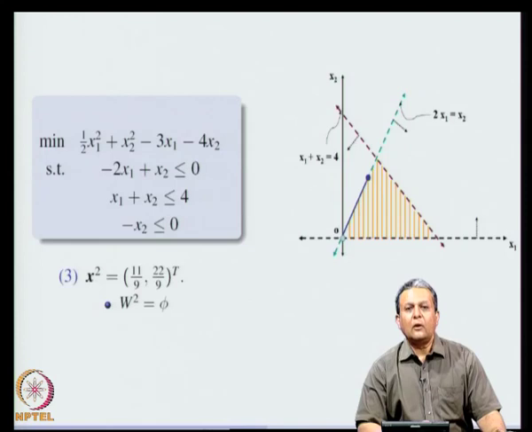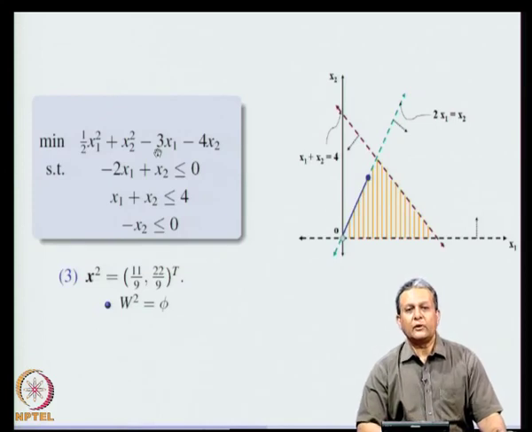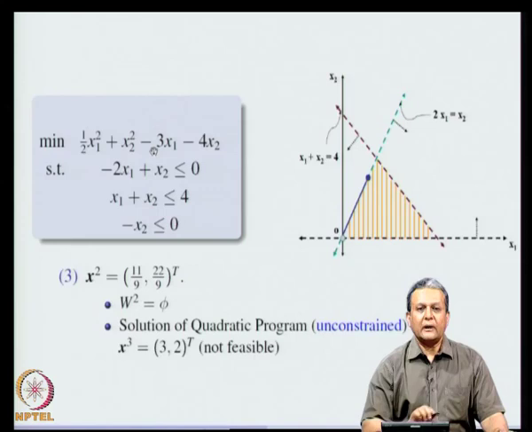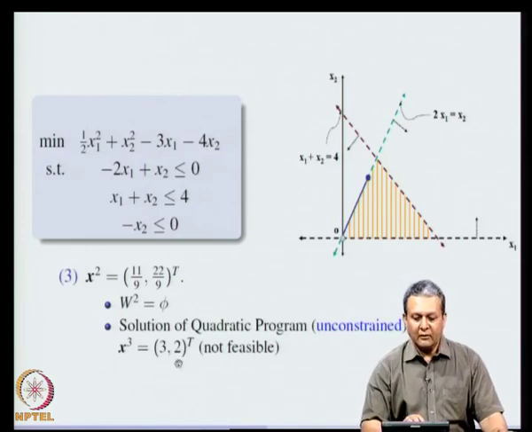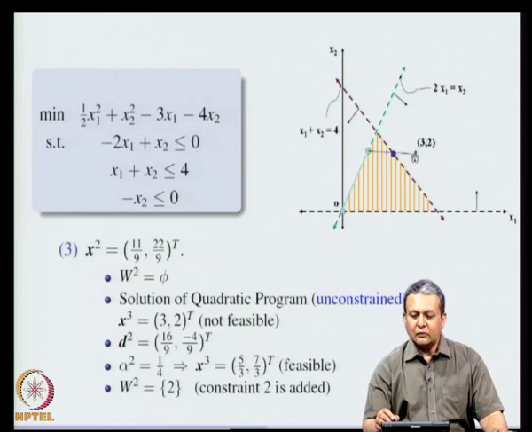Now, we solve an unconstrained optimization problem, because there is no constraint in the working set. The solution of the unconstrained quadratic program is the point 3, 2, whose x1 coordinate is 3 and x2 coordinate is 2, and that point is shown somewhere here.